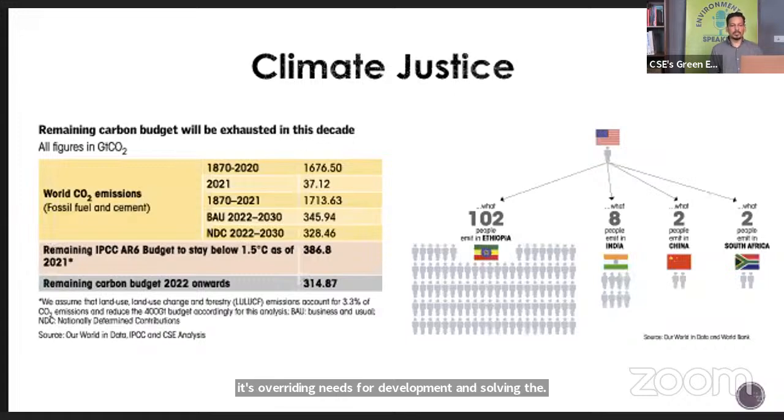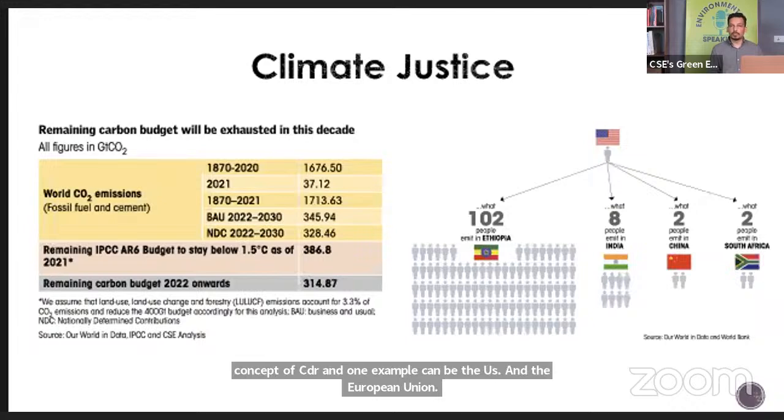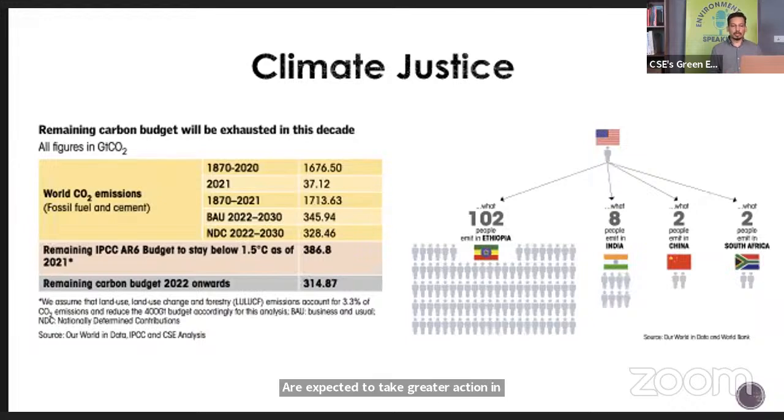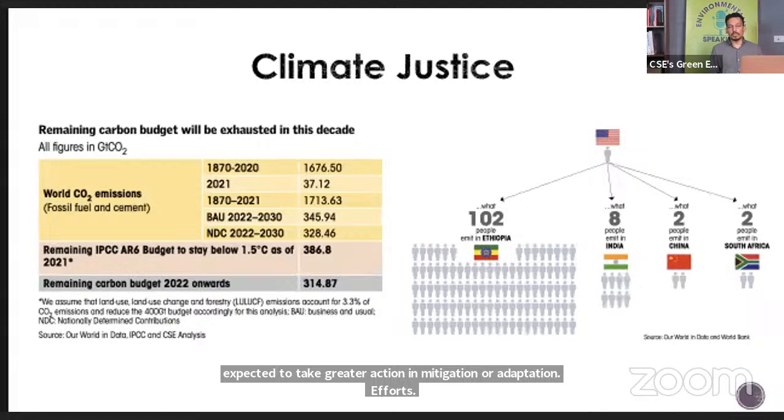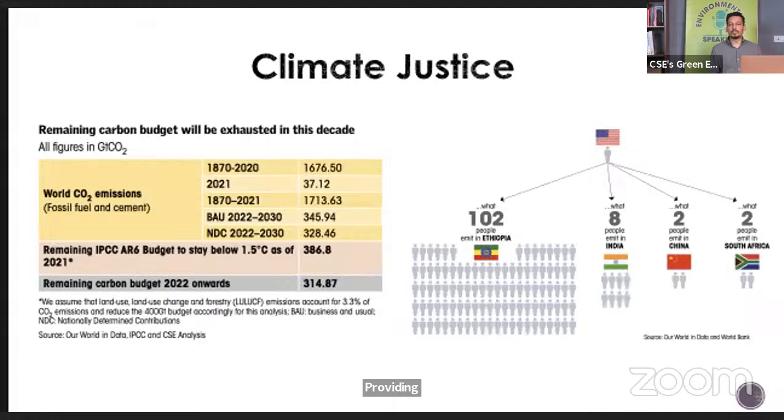On the concept of CBDR, one example can be the US and the European Union, which are expected to take greater action in mitigation or adaptation efforts, providing financial support or technical support to vulnerable communities because of their historical emissions and their historical responsibility, also because of their capability, because these are rich countries with per capita income that is significantly higher than the others.